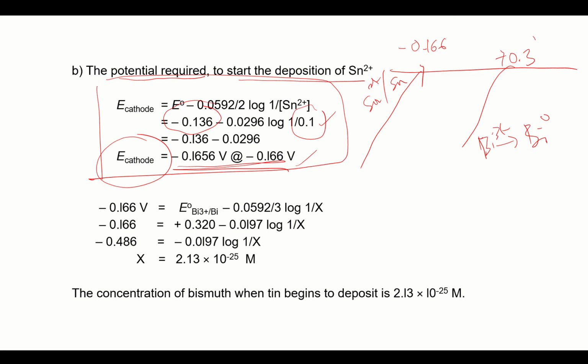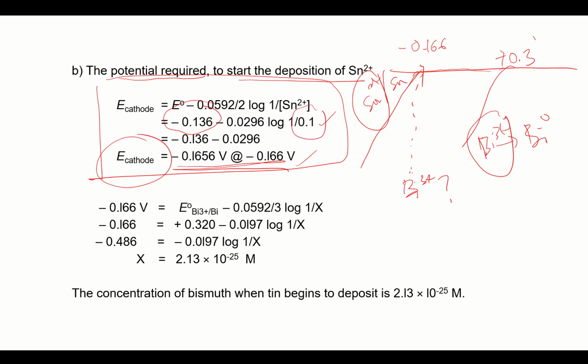So this question asks you to find the concentration here at this point. What is the concentration of bismuth when stannum starts to reduce?